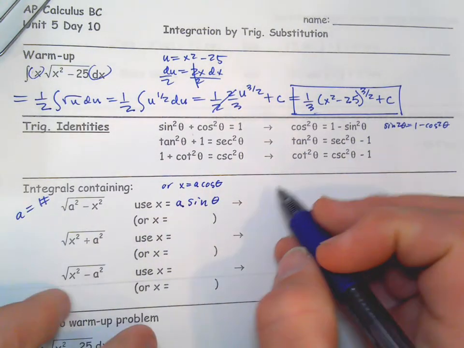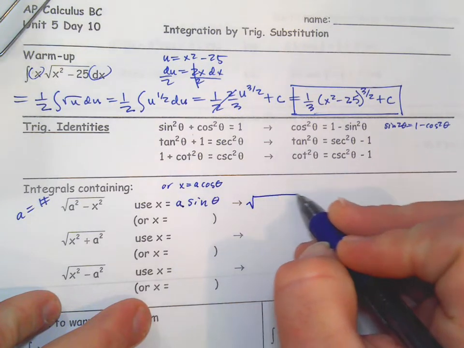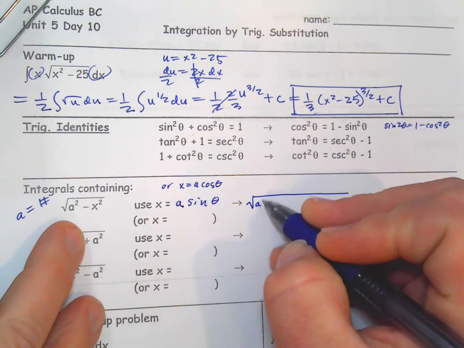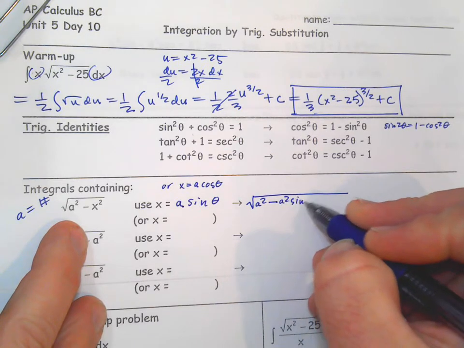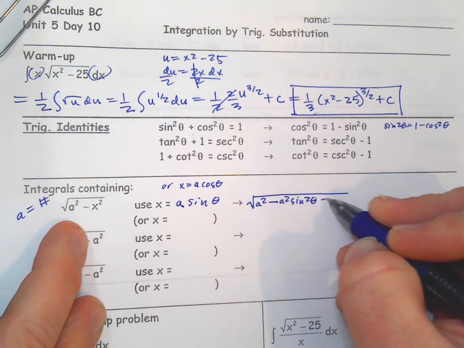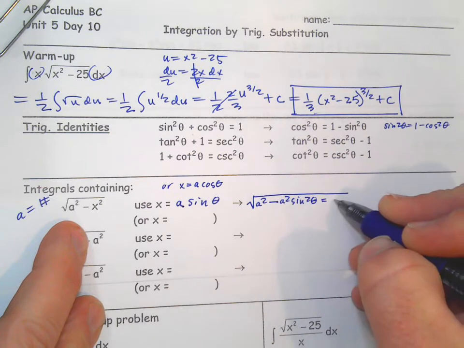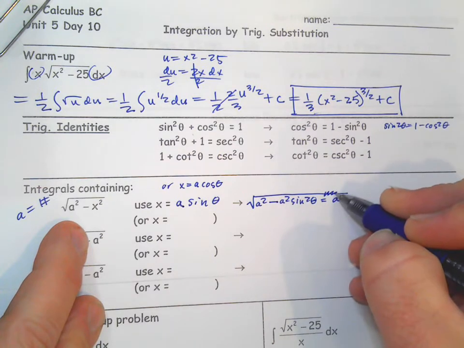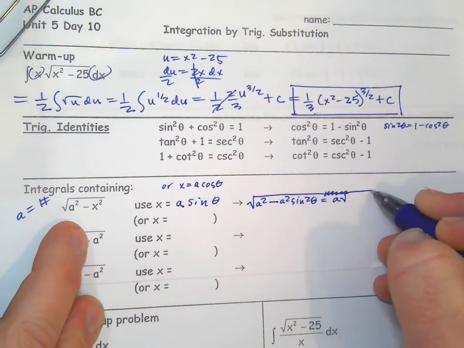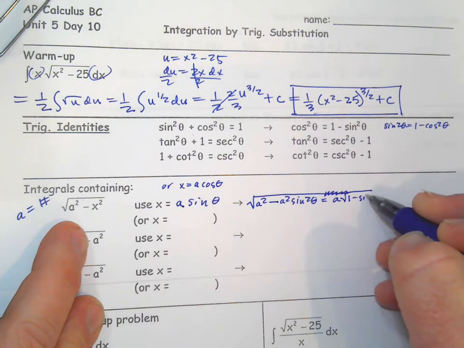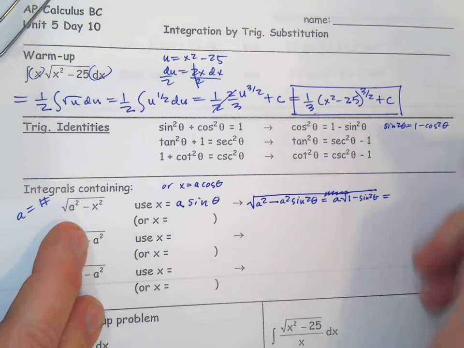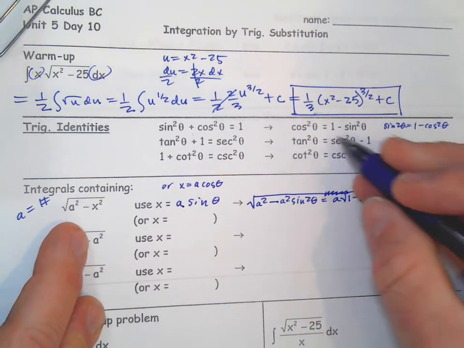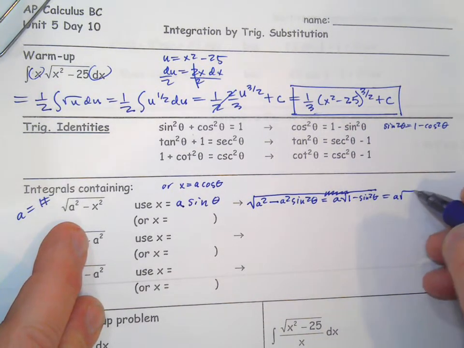So now if we substitute that in, we're going to get a squared minus a squared sine squared theta. And then we're going to factor the a squared out of everything and take the square root of it. So that's going to be an a. And what's going to be left inside is 1 minus sine squared. And 1 minus sine squared is cosine squared, right?